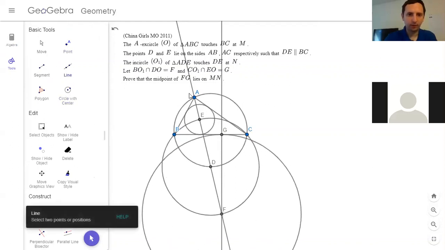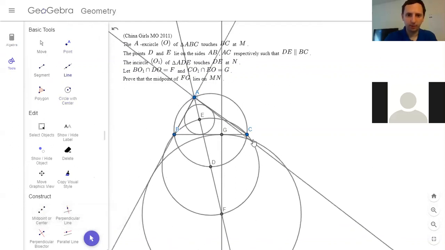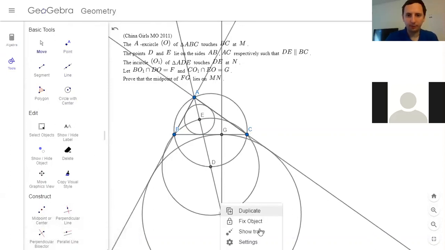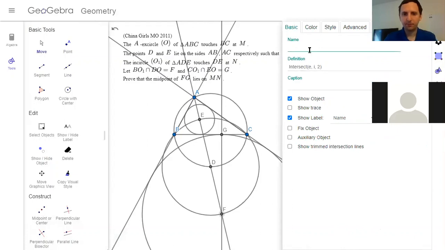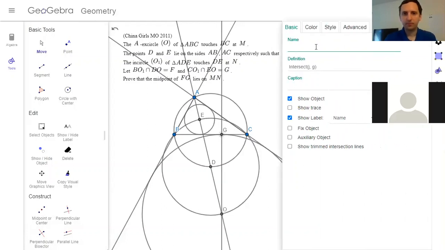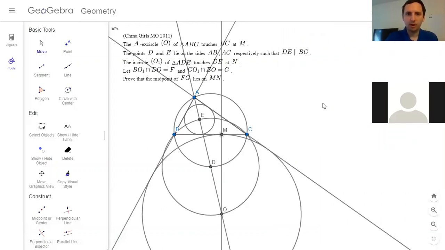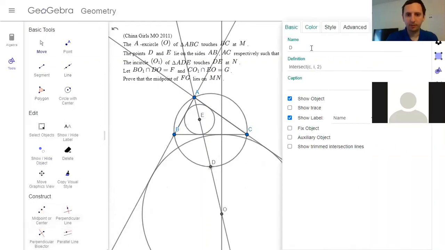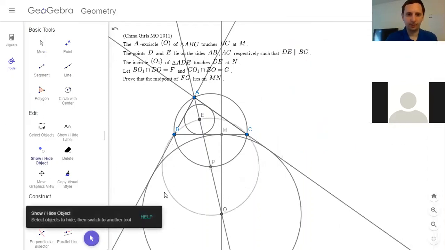So that's the X circle. The X circle has center O. It touches BC at M. D and E. So I'm gonna have to rename. Yeah, let me rename this like P, for example. Actually, I'm still gonna keep this circle.